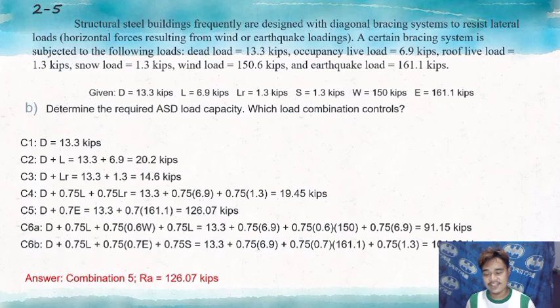And for our combination 6B, we have D plus 0.75L plus 0.75 times 0.7E plus 0.75S is equal to 104.03 kilopascals. And our answer for this load capacity is combination 5, which has 126.07 kilopascals.